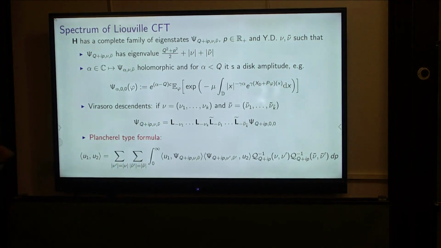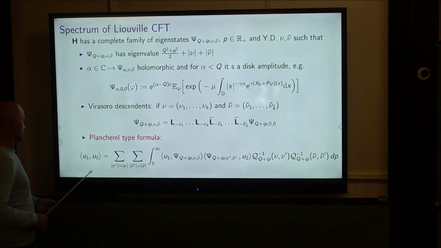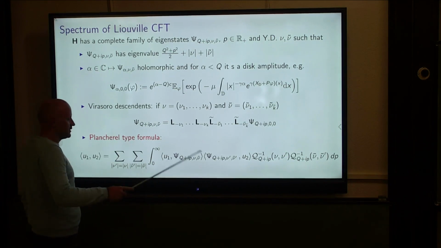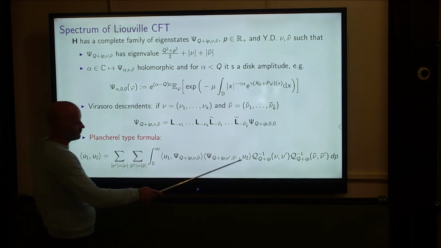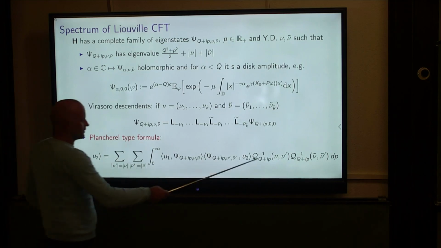Okay? And you can show that you have a spectral resolution for these guys, which is more or less the same flavor as for the GFF. So you expand like the Plancherel formula, but you have these Gram-Schmidt coefficients, which is again the Shapovalov form in the spectral resolution.